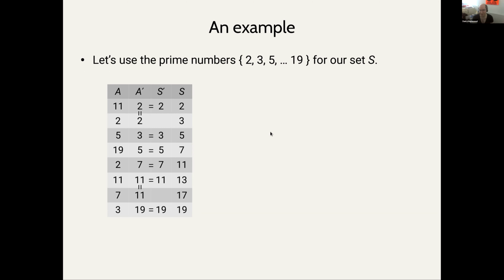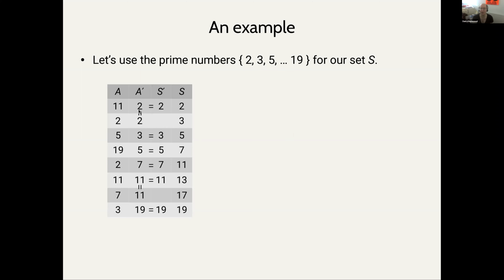You can see that this satisfies the constraint that we had on the previous slide, because each value in A prime is either equal to the previous value or it's equal to the corresponding value of S prime. And we also have that the topmost cells are the same.